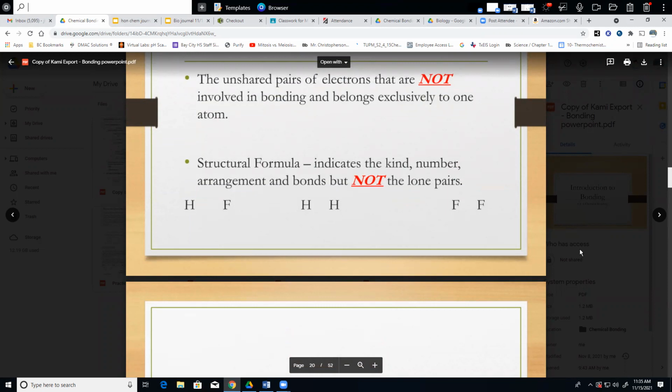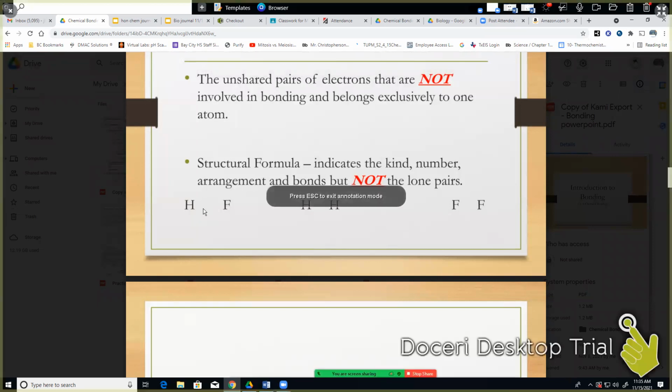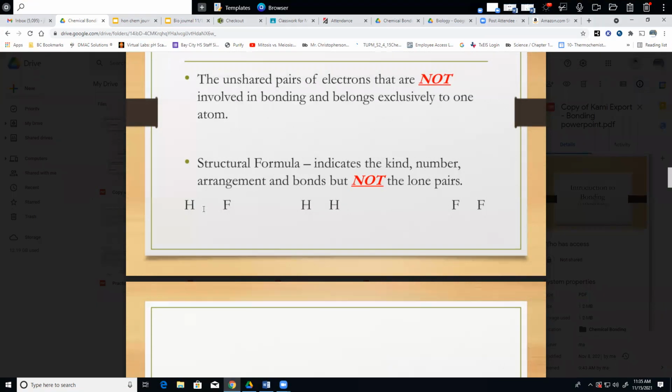If you were doing a structural formula, we're doing the full Lewis dot. A structural formula only shows where the bonds are, not the lone pairs. So if I just show the single bond between them, that would be a structural formula. That's not what we're doing. We're doing the full thing, but you may see that, like I said, in AP or in college chemistry.